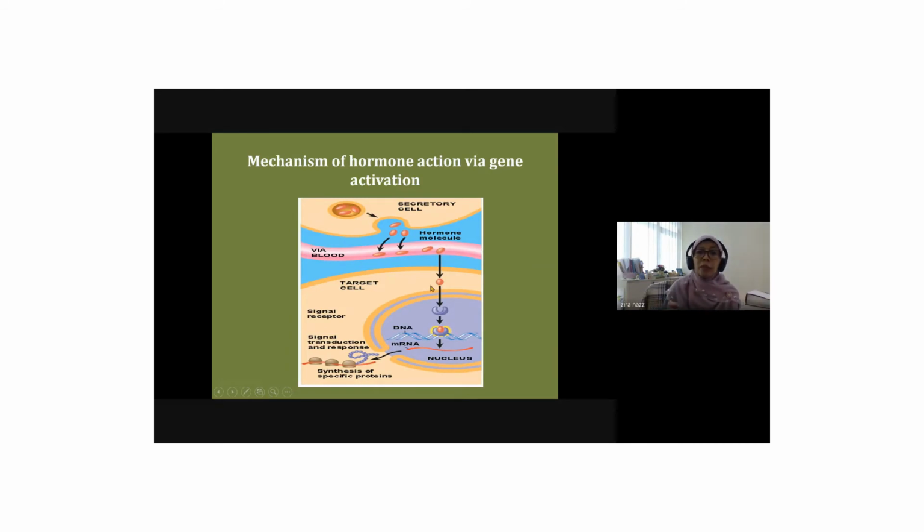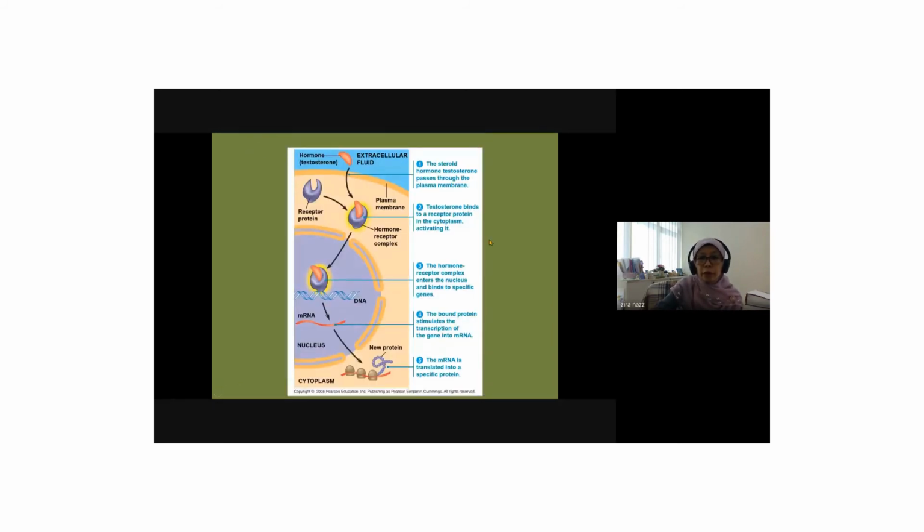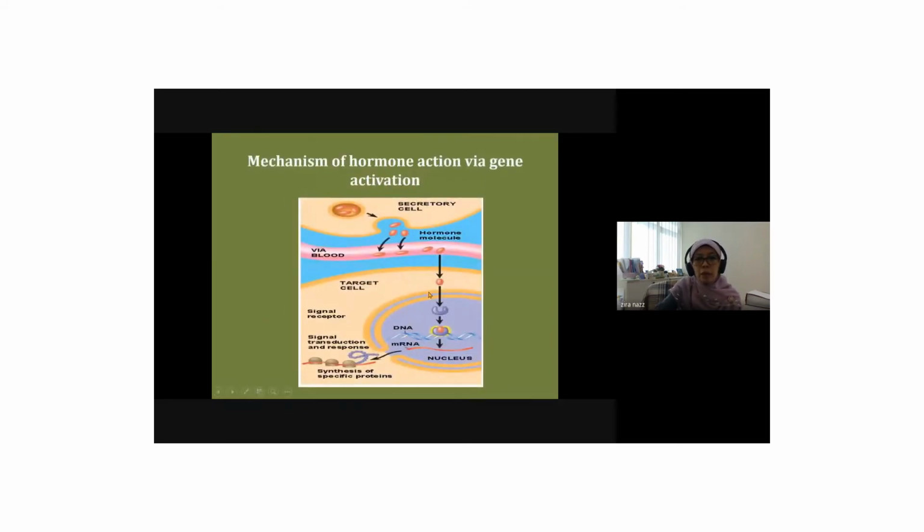This means the receptors are not on the surface of the plasma membrane, but instead inside the target cell. The receptors can be located in the cytoplasm or in the nucleus, so it can be either of the two. When the hormone binds to the receptors in the cytoplasm, it will form the hormone receptor complex.